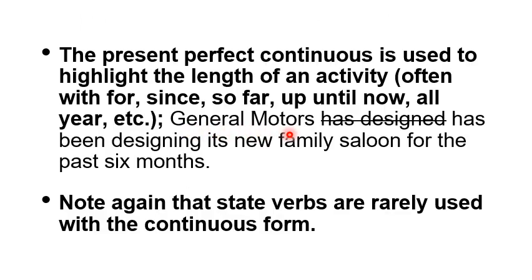Let us read this example and then go to the explanation. General Motors has been designing its new family saloon for the past 6 months. The company has been designing a new family saloon car for the past 6 months.